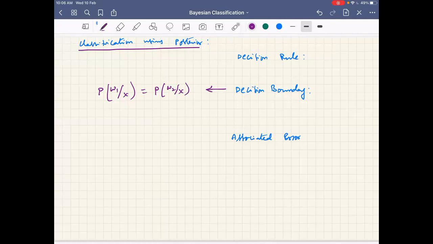But what is the decision rule? If we solve this, we get some condition on x. That condition on x will give us a decision boundary. That condition on x may be a point in one dimension, if x is a one dimensional feature. It may be a line if it is two dimensional features.